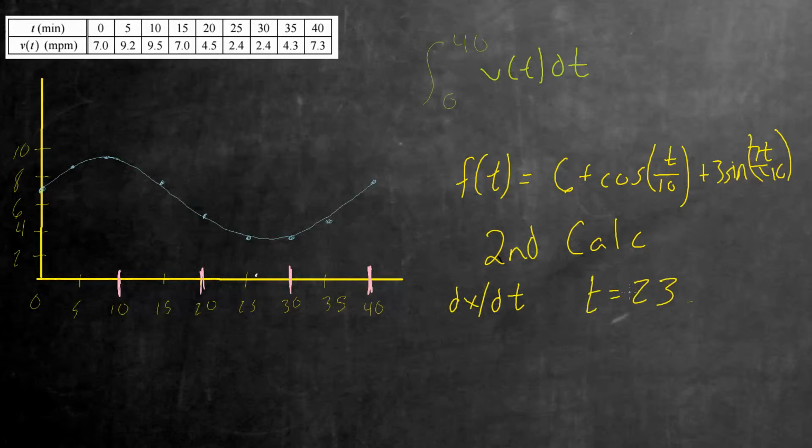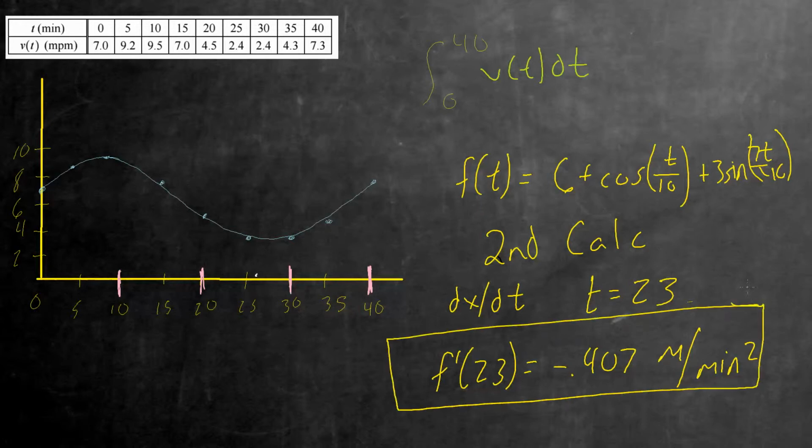Your calculator is going to spit out f prime of 23 is negative 0.407 miles per minute squared, which is what acceleration is in. And that was key. It says indicate units of measure. So 1 point right there.